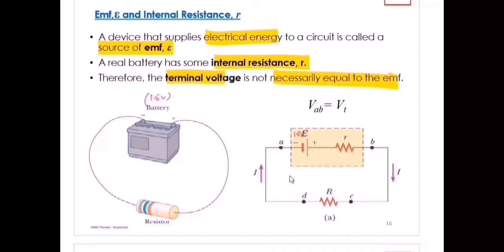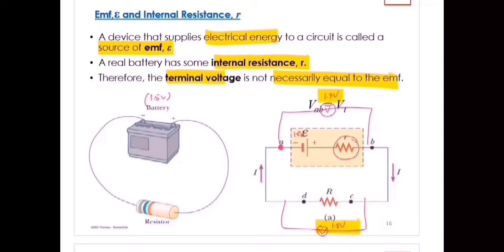The terminal voltage is from here to here. If we have a voltmeter here, the reading of the voltmeter is not necessarily equal to 1.5 volts, because it has a resistor here. So the reading here would usually be smaller. If, for example, it's 1.4 volts, and since it's in parallel, if I put another voltmeter here, it would also read 1.4 volts.